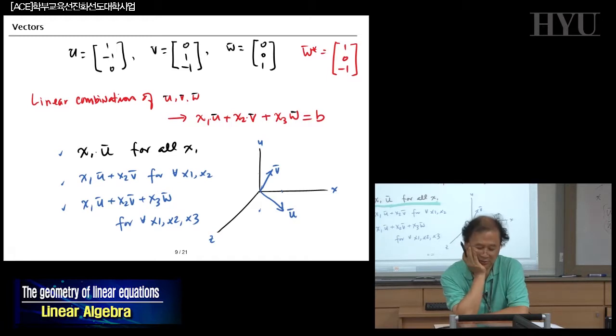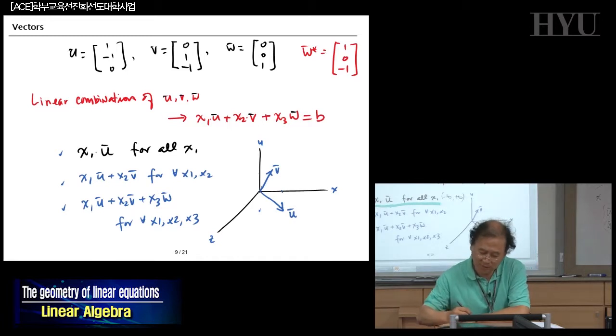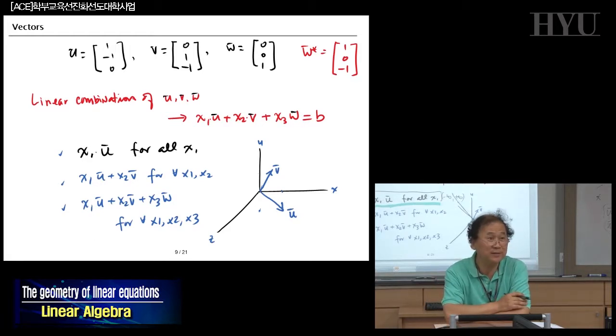Here X value goes from minus infinity to plus infinity, right? So this is U, which means this line. All the points of this line, actually this one means this line, right?